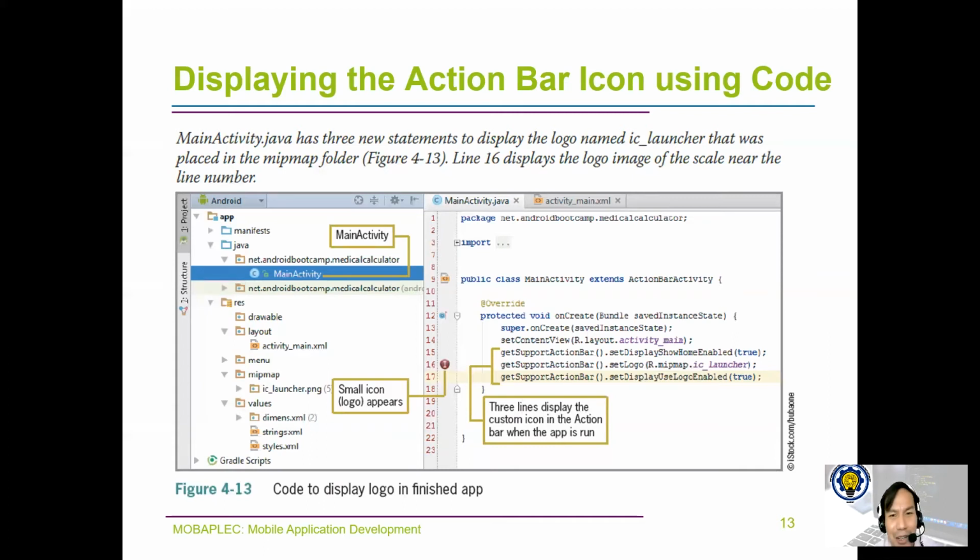So here in Java, all you have to do is to modify or add the particular content under the main activity. Okay, so this is the main activity. And as you can see, there's a small icon logo here that appears. So you can see that small icon logo, which means it's already there, it's inside your program. So all you have to do is to add those contents based on the layout.